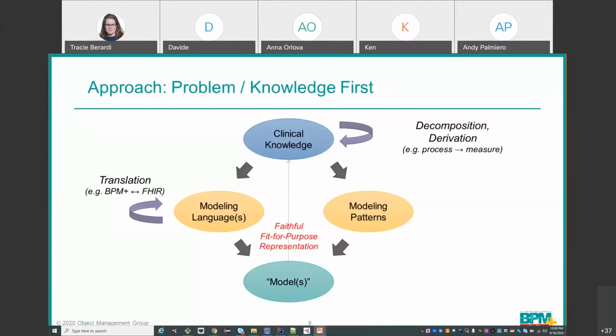So, from a methodological perspective, I like to present it as a knowledge-first approach.